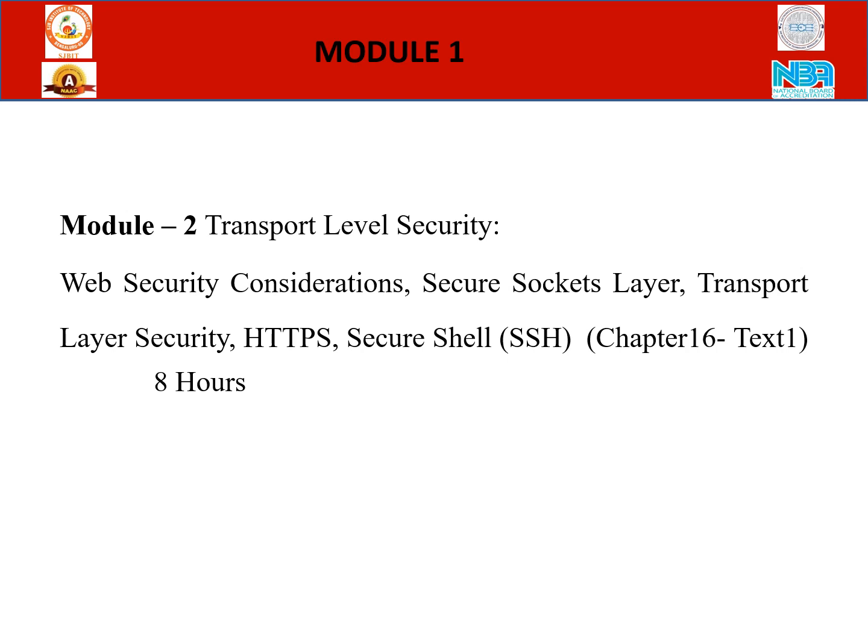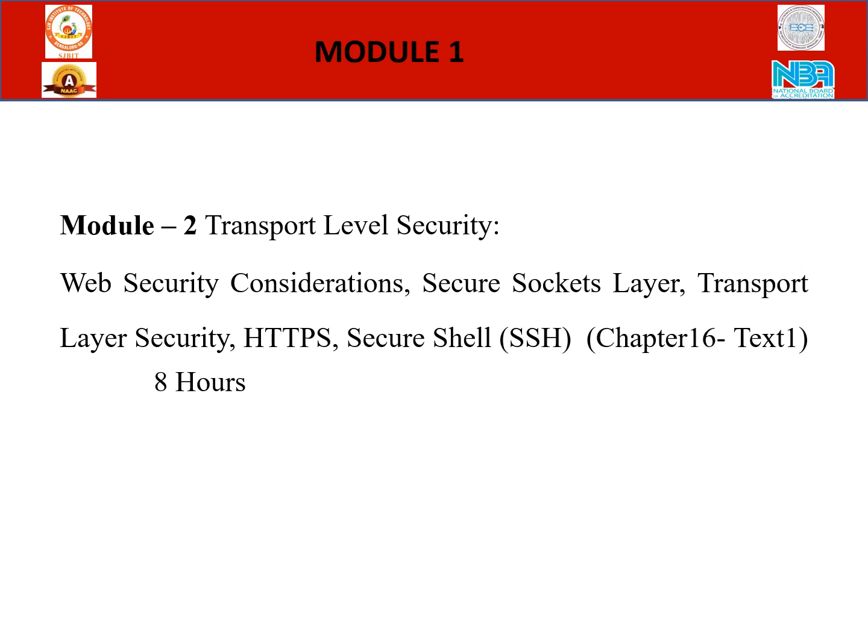As I have already told you, Cryptography by William Stallings is the prescribed textbook. It says here textbook 1, chapter 16 is what we need to refer to with respect to this topic, transport level security. The contents of transport level security are web security considerations.